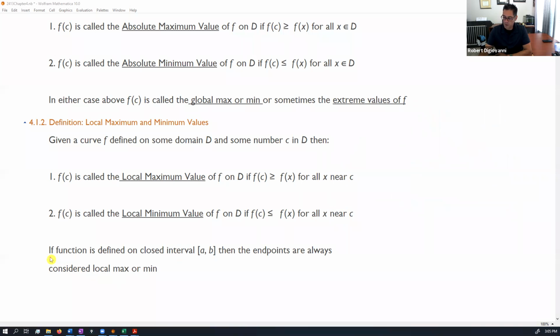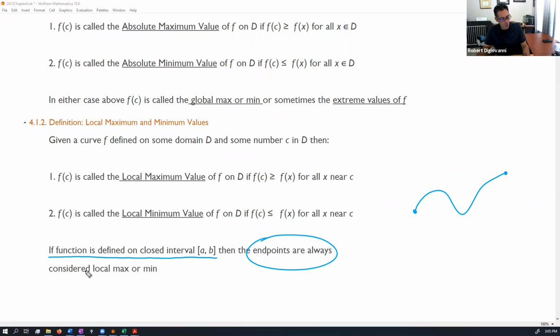This is a very important thing. If a function is defined on a closed interval, okay, so if your function goes here, the endpoints are always local maximums or minimums. Always. So this endpoint right here would be considered a local minimum because it is the lowest in its little neighborhood.